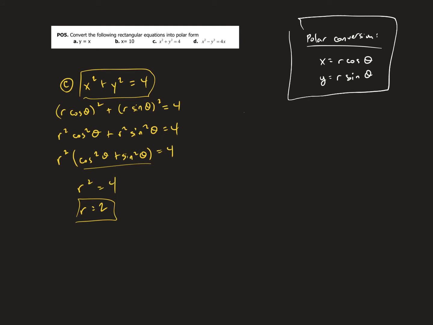Now, part D. x squared minus y squared equals 4x. So again, we're going to do the same thing. We're going to do a substitution. We're going to multiply these things out.